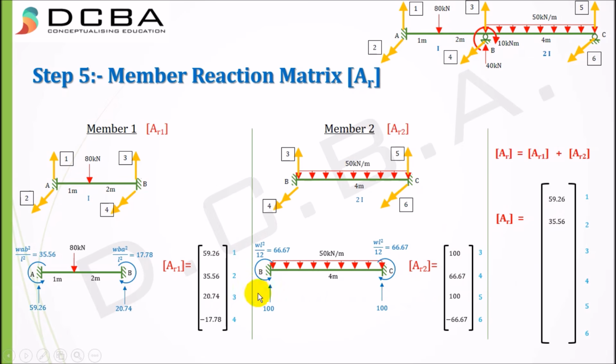So 100 plus 20.74 will give me 120.74. Again, 4 and this 4, both are common in both matrices. Therefore, we need to add them. It will give me 48.89, and the fifth element is 100, sixth element is minus 66.67.